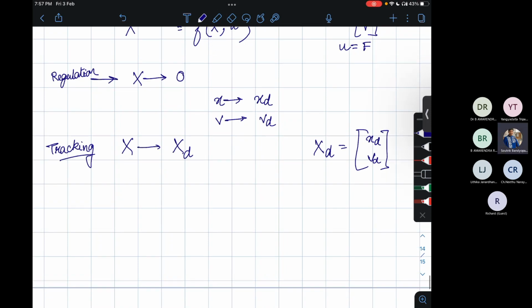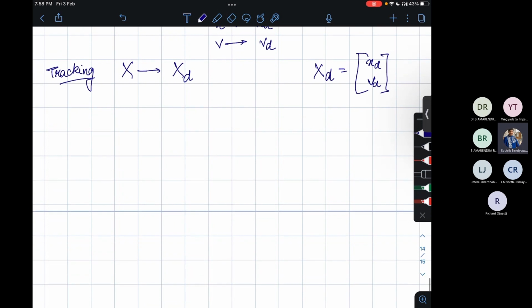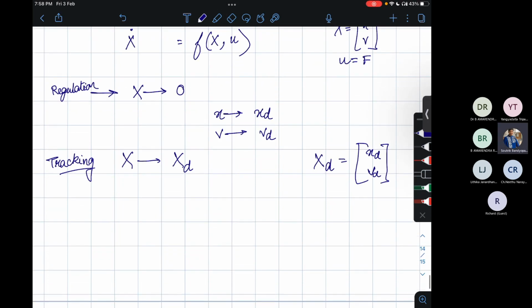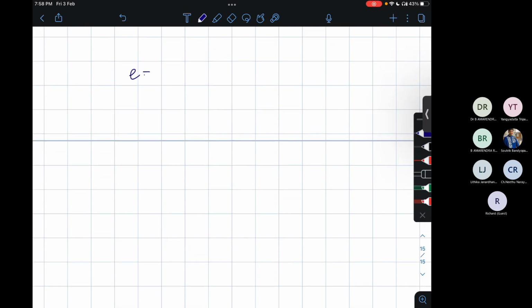So any problem in control theory can be framed as either one of these two, either tracking or regulation. Now either x has to go to 0 or the error, which is defined as x minus xd, must go to 0.